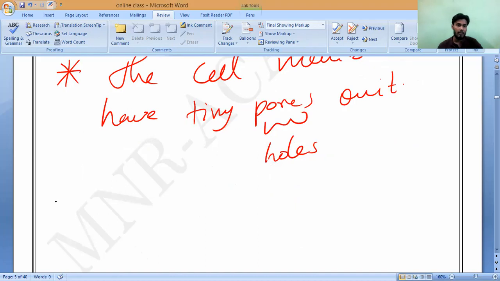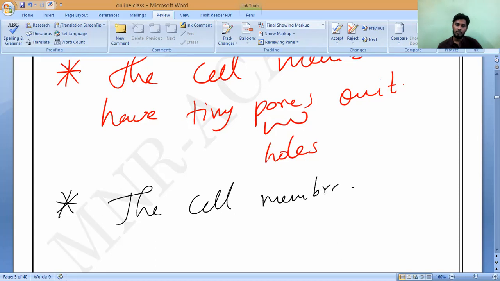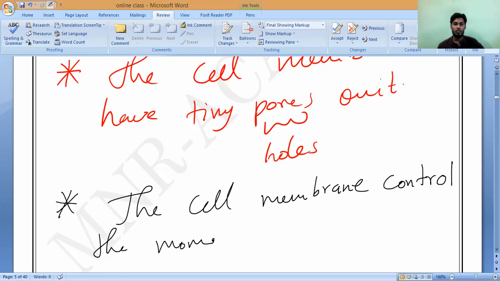The cell membrane controls what, Ra? What is the function of this one? To allow oxygen and CO2, movement of substances. Movement of substances from where to where?